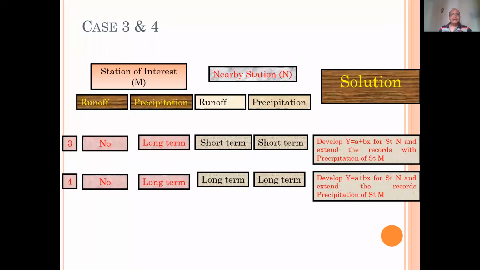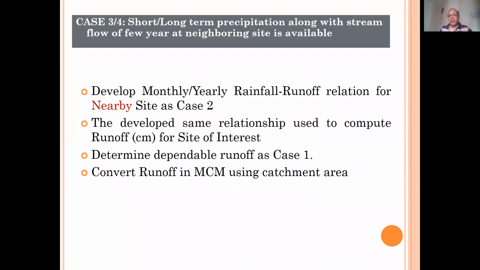So this is case 3 and 4 where we develop rainfall and runoff relationship for nearby sites and apply on our site, and we convert runoff in MCM using catchment area, because what is difference in both the sites? These catchment areas are different.